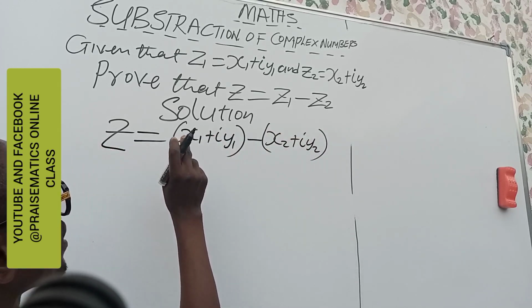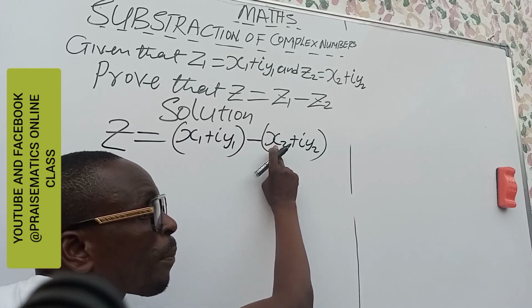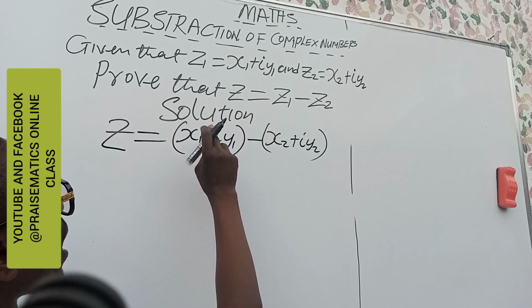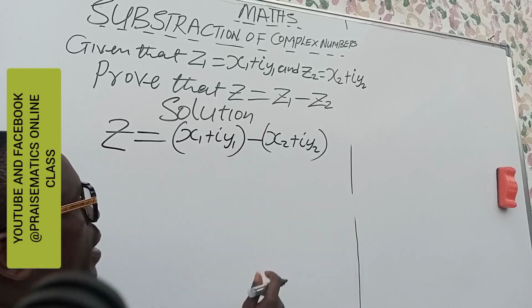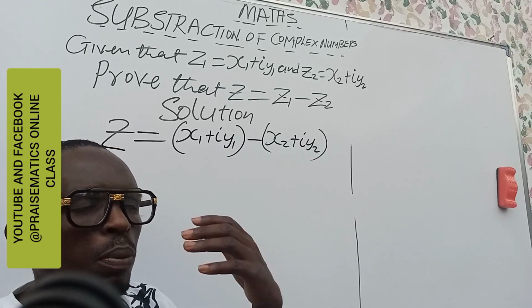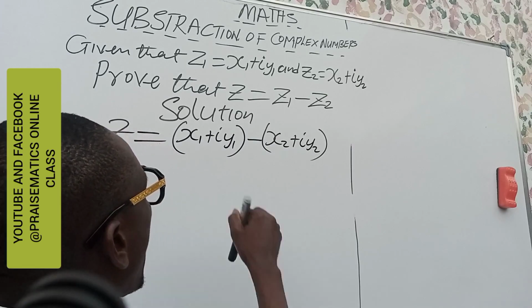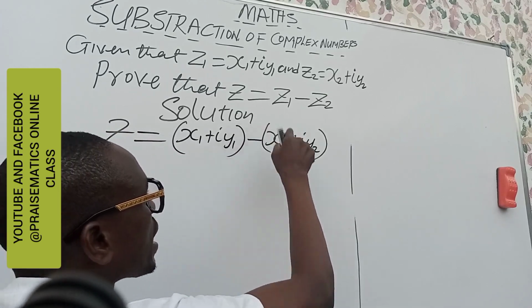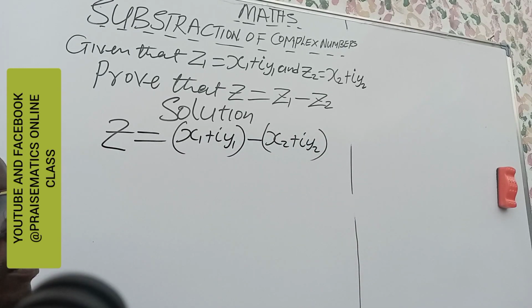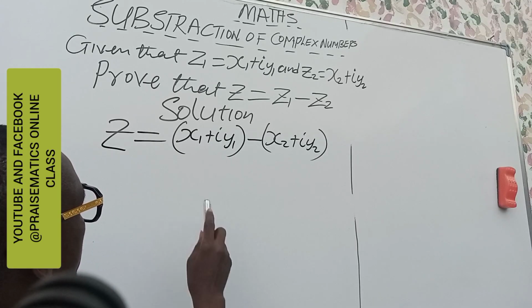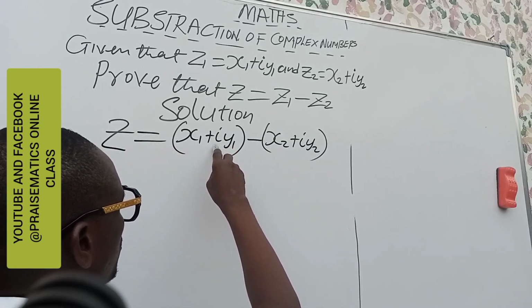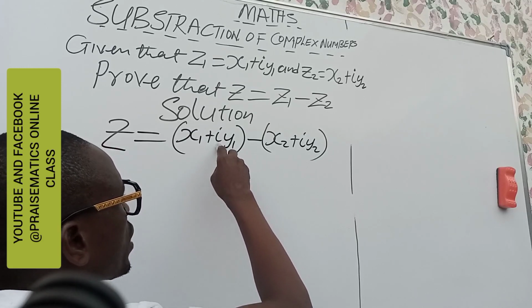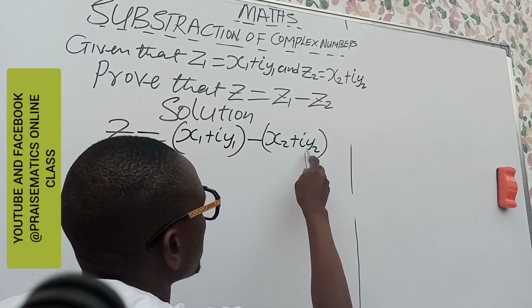What do we do? We subtract real part from real part and imaginary from imaginary. If you want to add, you add real part to real part and imaginary to imaginary; here, you subtract real part from real part and imaginary from imaginary. Do we get it? Let's take it again: real part minus real part, plus i times imaginary minus imaginary.